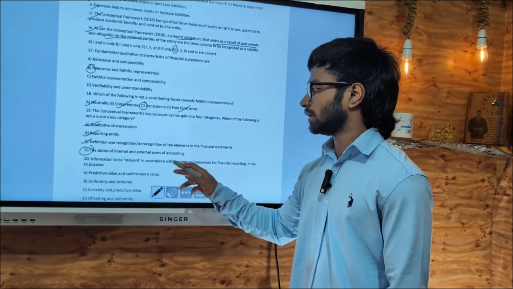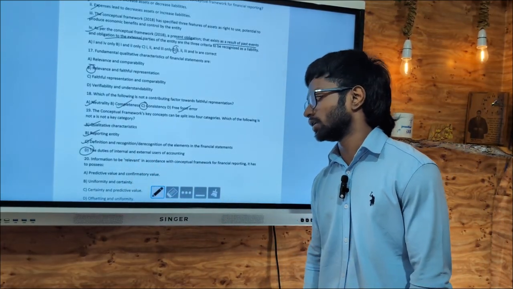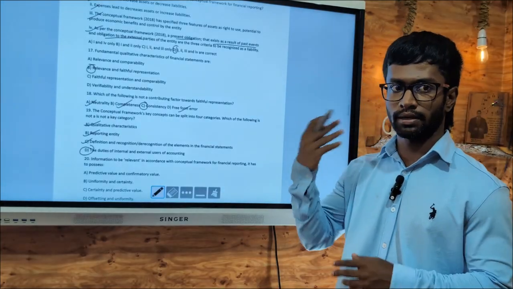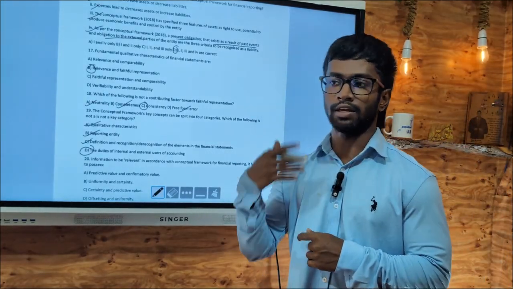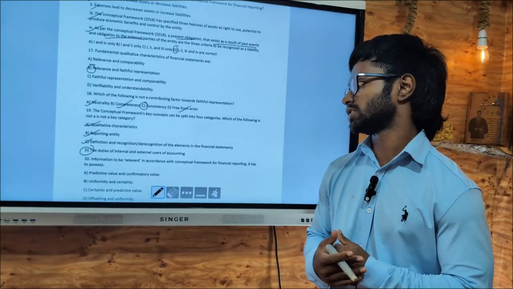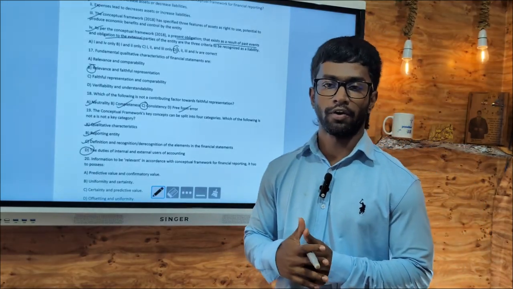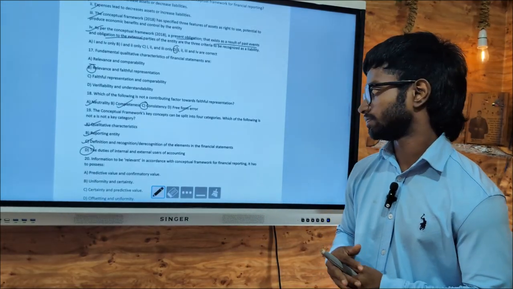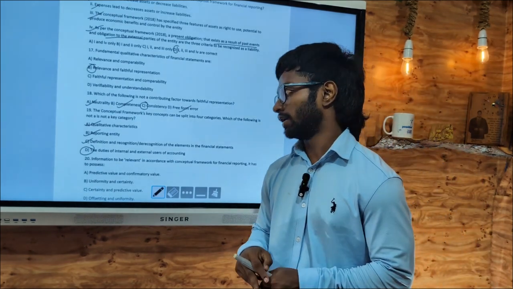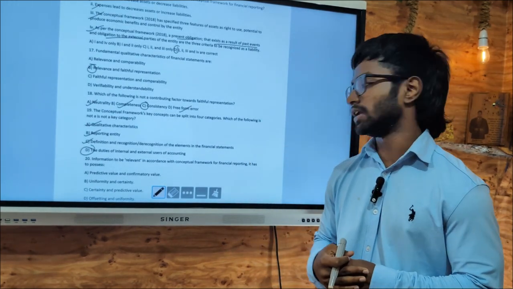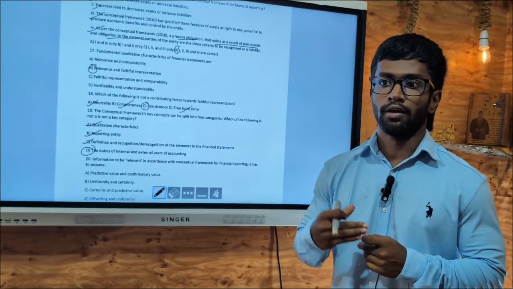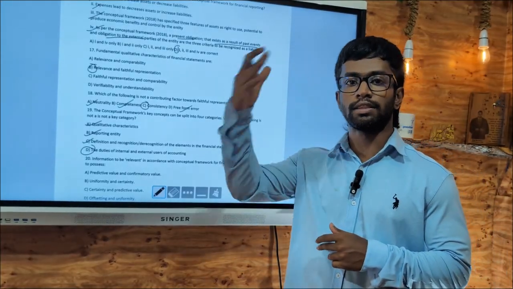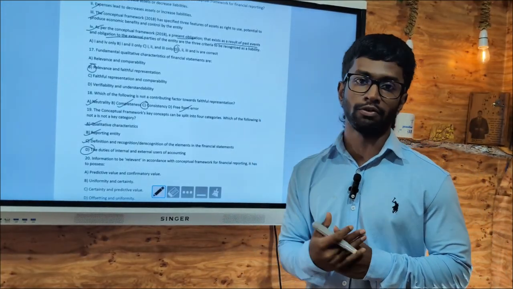Information to be relevant in accordance with the conceptual framework. Keep in mind, relevance is basically, if it's relevant, it will create an impact on the decisions of your users. Through that you should be able to predict what's going to happen in the future.